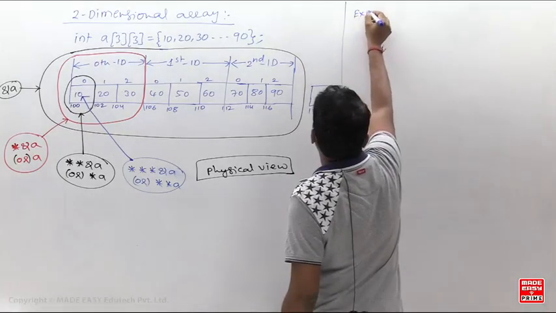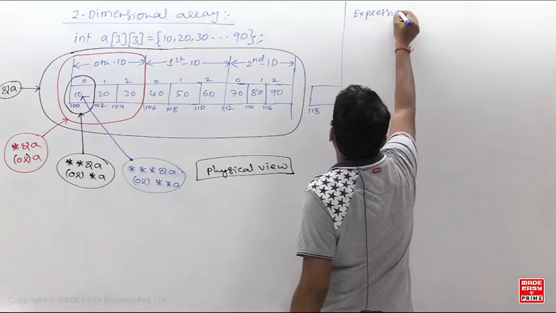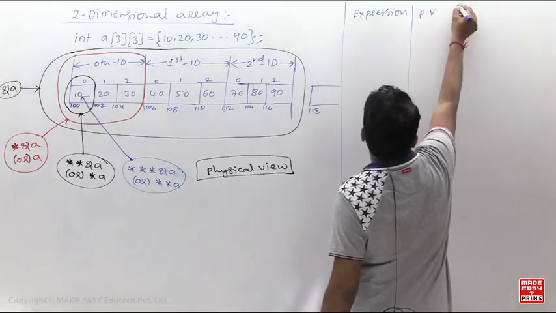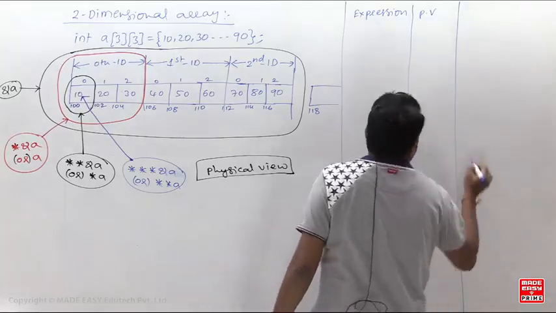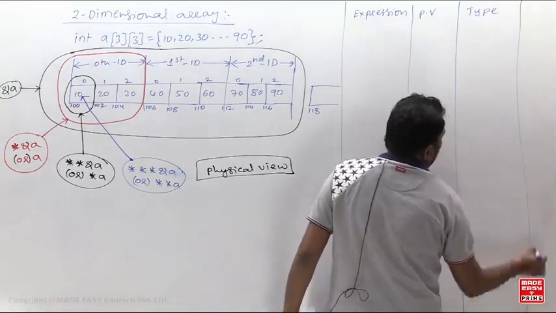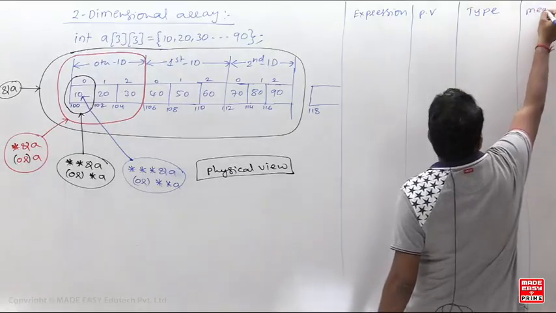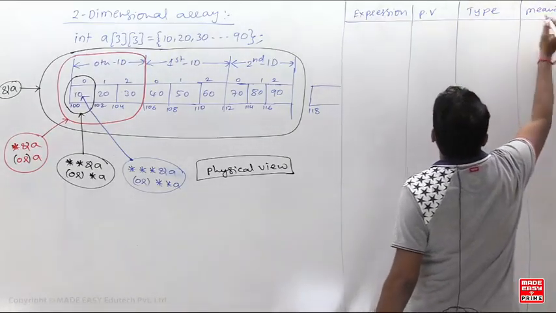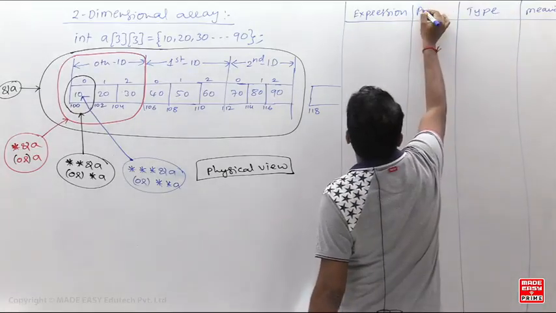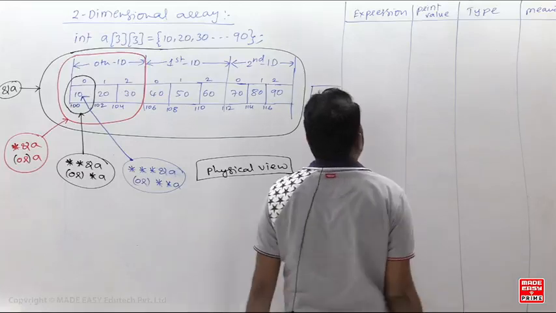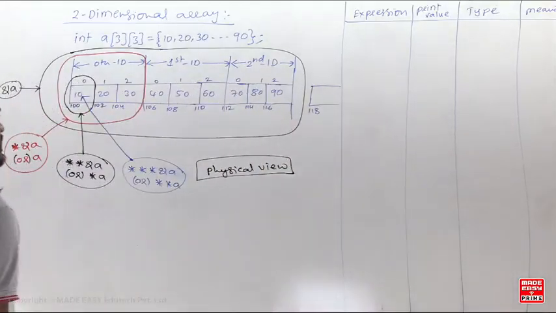The columns are expression, print value, type, and meaning. Make a proper table.